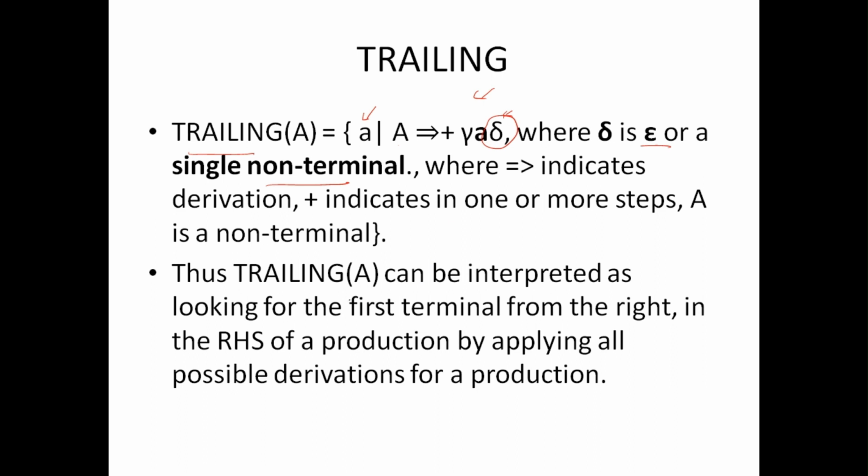Thus, the trailing interpretation is looking for the first terminal from the right in the RHS of a production by applying all possible derivations for a production. So in leading we are looking from the left, while in trailing we are looking from the right. In both cases, the first terminal symbols.